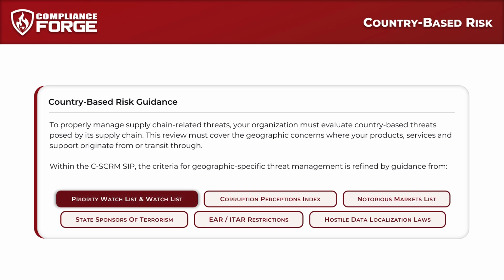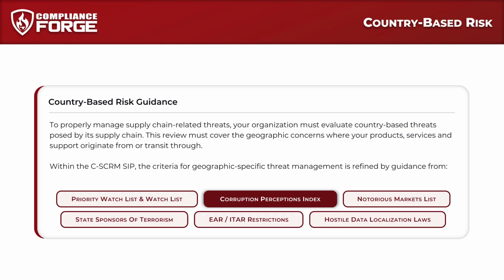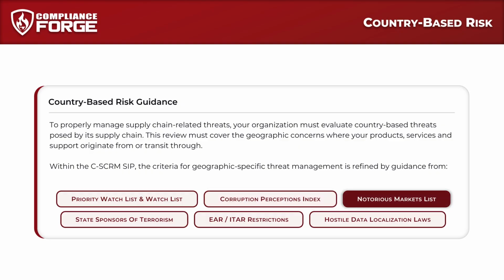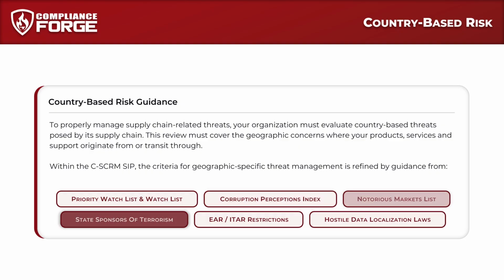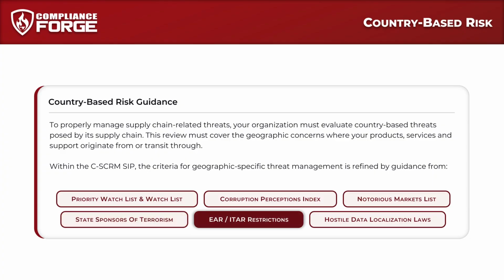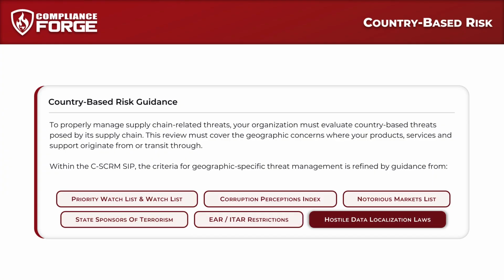Within the C-SCRM SIP, the criteria for geographic-specific threat management is refined by guidance from the Priority Watch List and Watch List, the Corruption Perceptions Index, the Notorious Markets List, Designated State Sponsors of Terrorism, EAR and ITAR restrictions, and potentially hostile data localization laws.